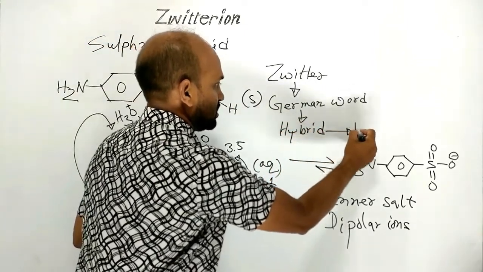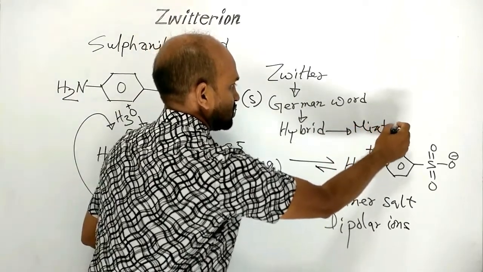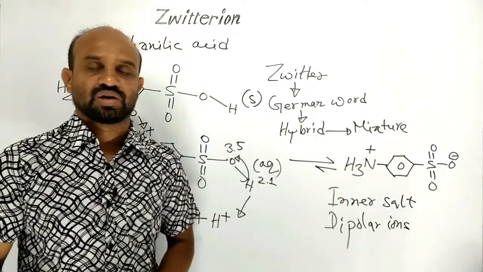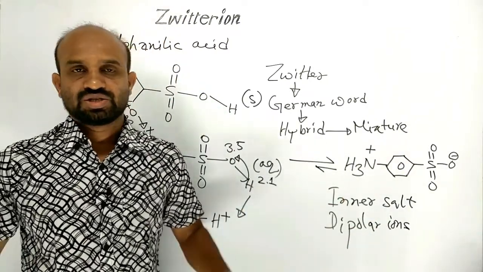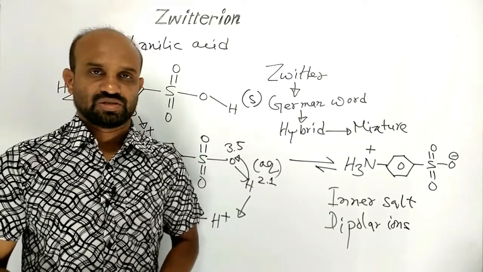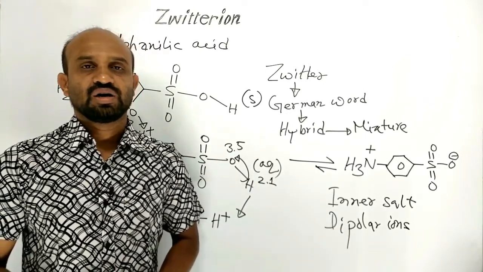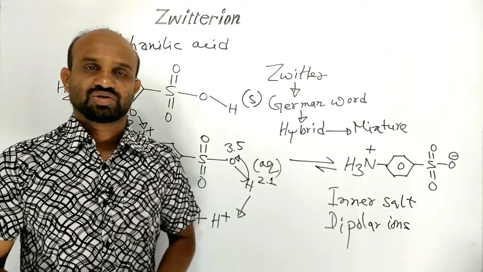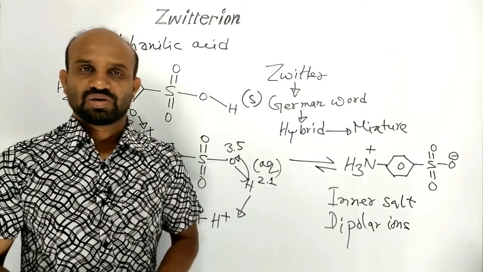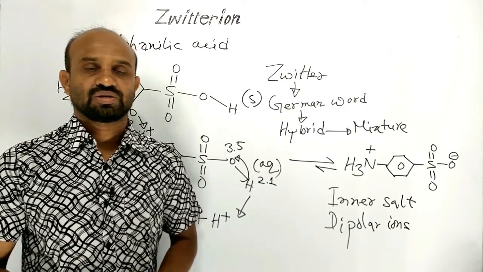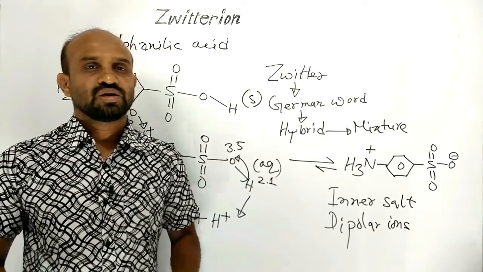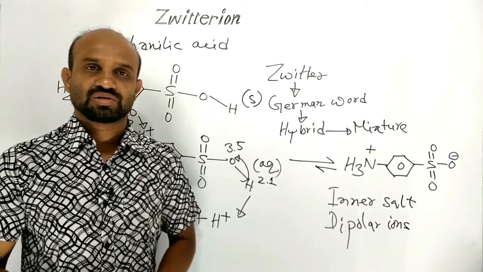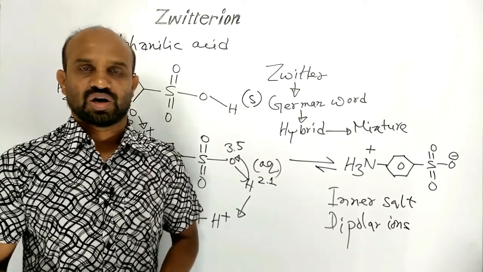A hybrid means mixture. Zwitterion is a mixture of positive and negative charges. That is why this ion is called hybrid ion, or in the German word, Zwitterion. The ion that contains positively and negatively charged functional groups at a time is called Zwitterion. Zwitterions are sometimes called inner salts, sometimes called dipolar ions.